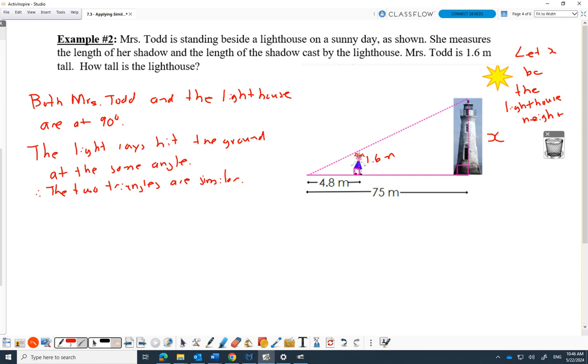X over 1.6. That ratio, whatever multiplier it is, to get from X to 1.6 is the same multiplier as 75 to 4.8. And now I'm at the bottom of the lighthouse, and I'm going to order a slice of pizza and a Pepsi and still beat you as you run up the lighthouse.